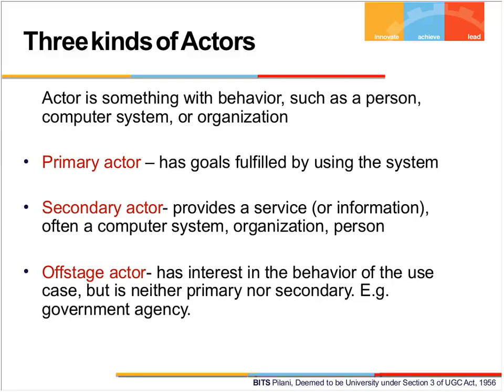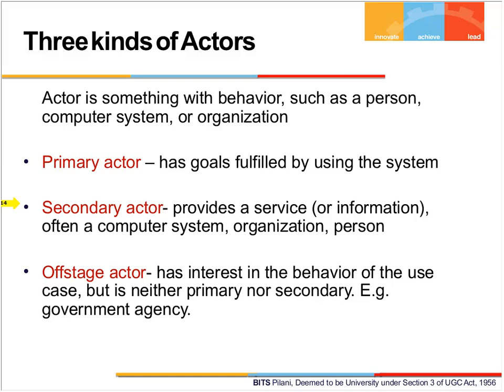The primary actor is the one which has his goals fulfilled by using the system. So he's the main user of the system. The secondary actor provides additional resources to the system. So it would often be a computer system, an external person, or an external organization.